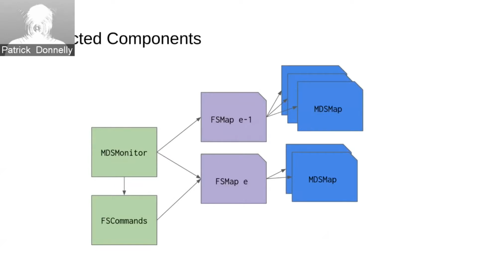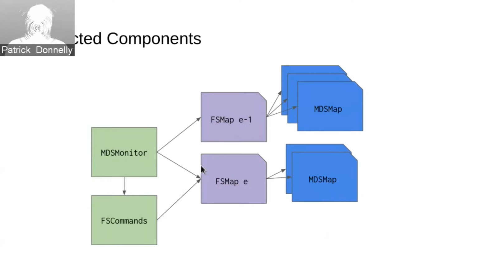The MDS monitor remembers the current official FS map, which I've marked E-1, epoch minus 1, and that is set in stone. It can't be changed once created, or once the monitors have agreed on what its current state is.